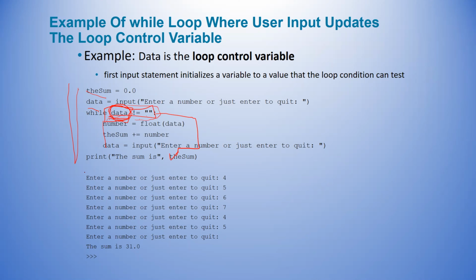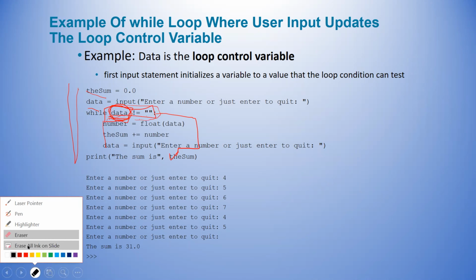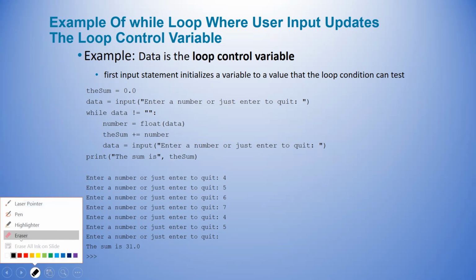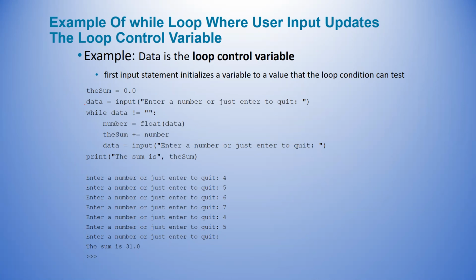And how is the loop control variable initialized, everybody? With the input, data is equal to an input statement. Yes, very good. Okay, so this is really initializing the loop control variable.